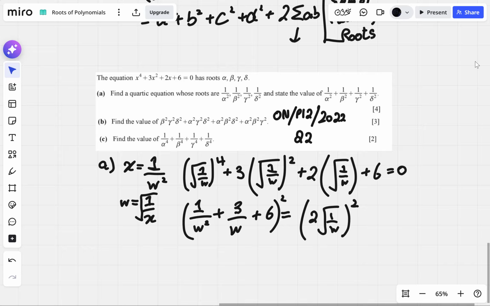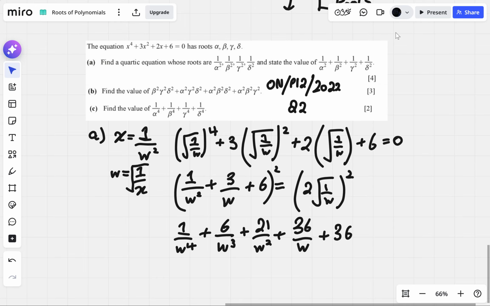Let me be back while I expand this, because I want to keep the video short. Okay, so I expanded the left side of the equation. That became that, and then the right side of the equation would be 4 over w.